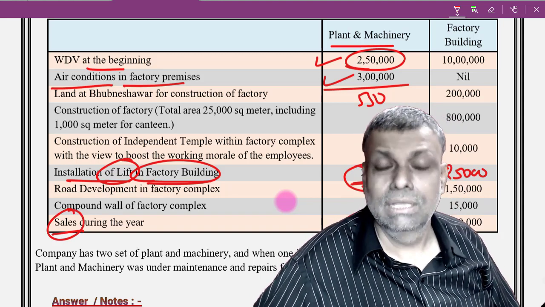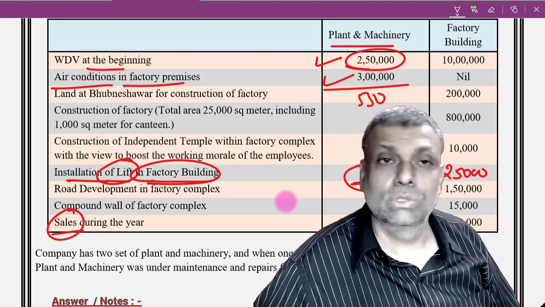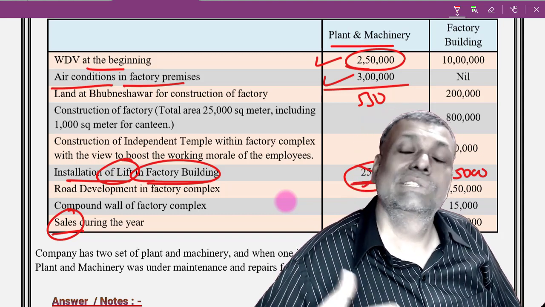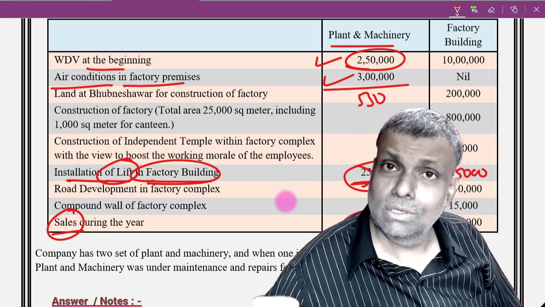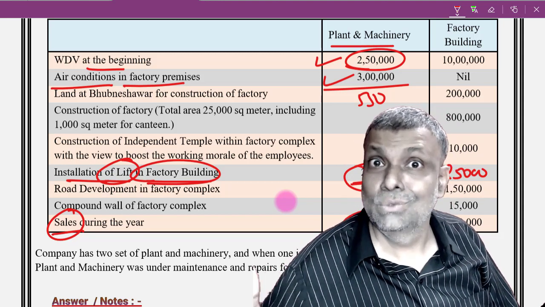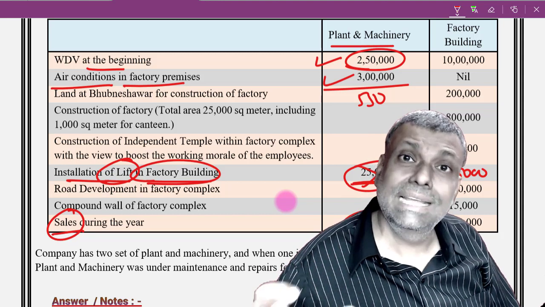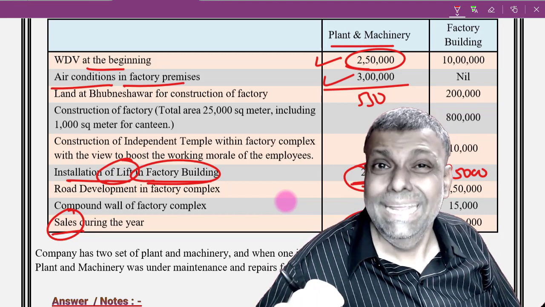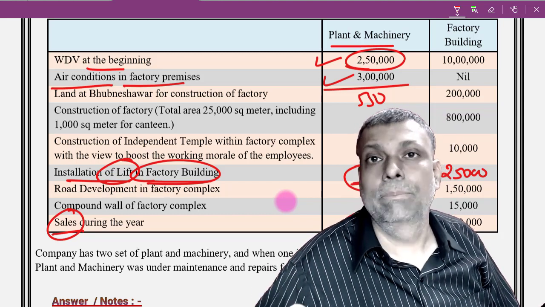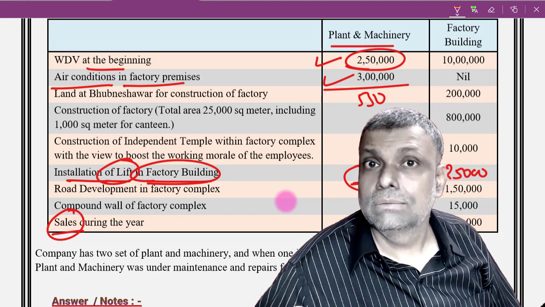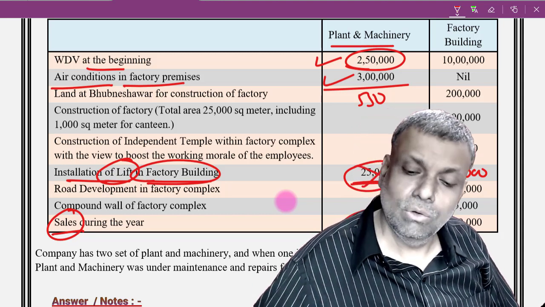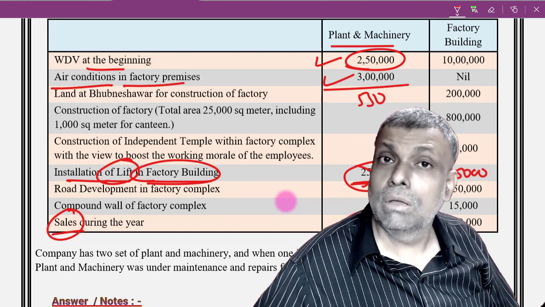If in a particular year the sale price of the assets of the block exceeds the cost, that means the opening plus additions during the year, then such excess will straight away be deemed short-term capital gain. I repeat, deemed short-term capital gains. That will straight away go in the capital gains chapter if the block becomes negative.